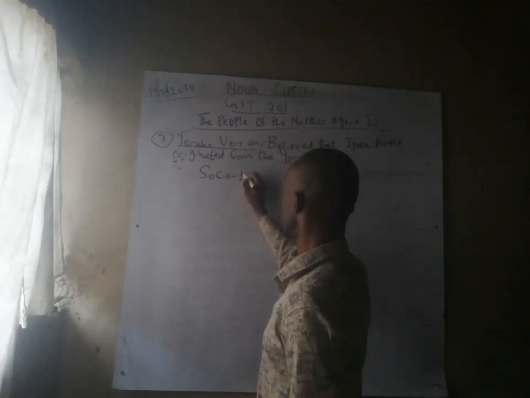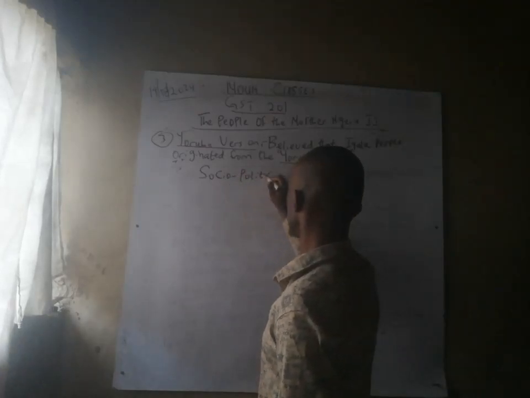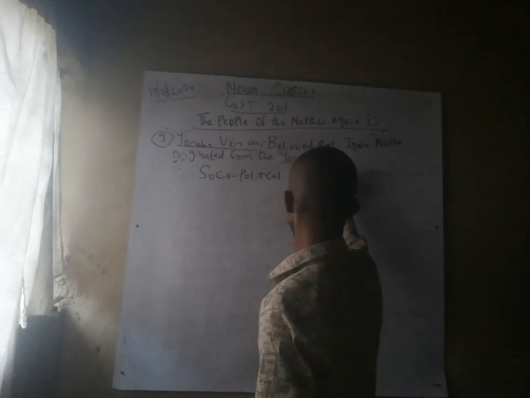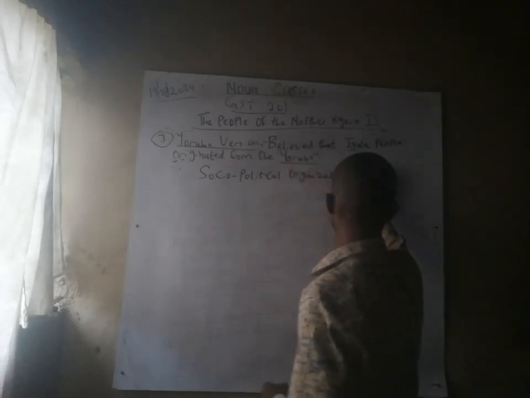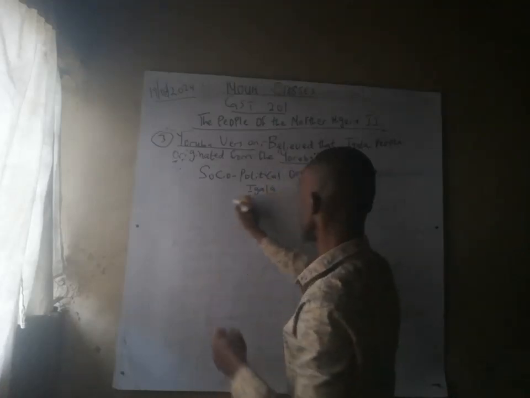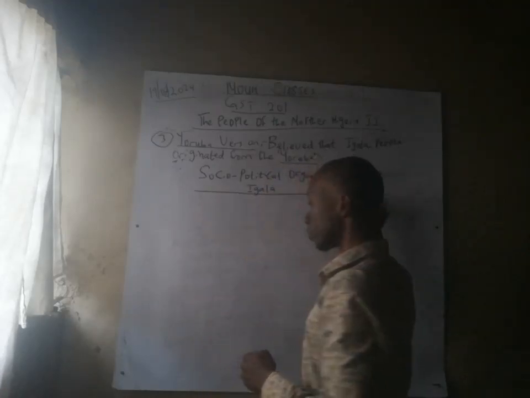Social political organization of the Igala. Now, the social political organization consists of Ayagba, which we refer to as Idogo, alright?